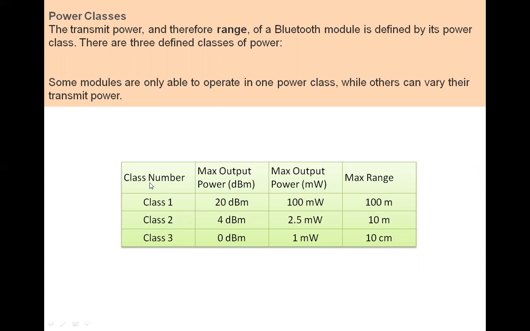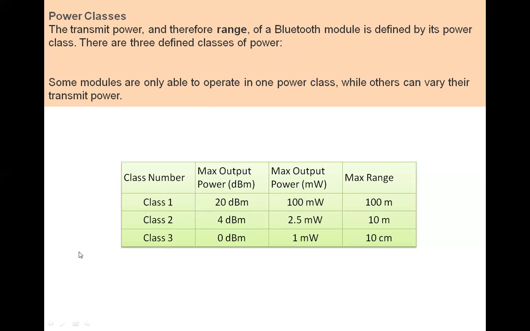Here I have given one table. In that, I have given four columns. First is the class number, then maximum output power in dBm, third column shows max output power in milliwatts, and the maximum range is shown.